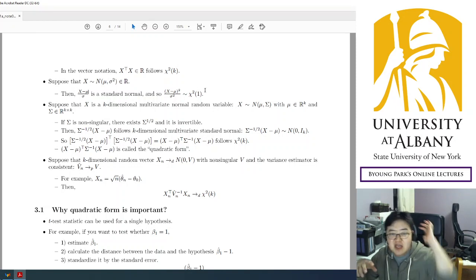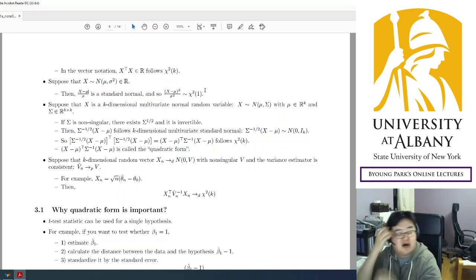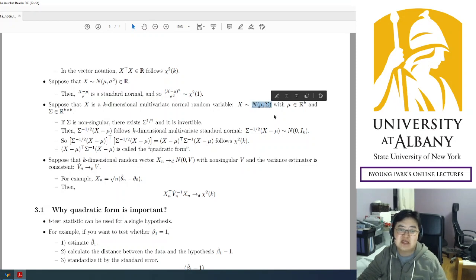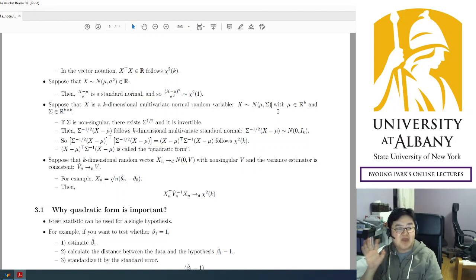And in the k-dimensional case, say X is now multivariate normal with general mean and general variance matrix. Mu is a k-dimensional column vector, and capital Sigma is a k by k variance matrix. It can take any form, but because it is a variance matrix, it is always symmetric and semi-positive definite.